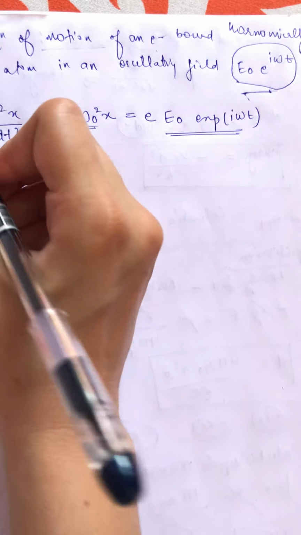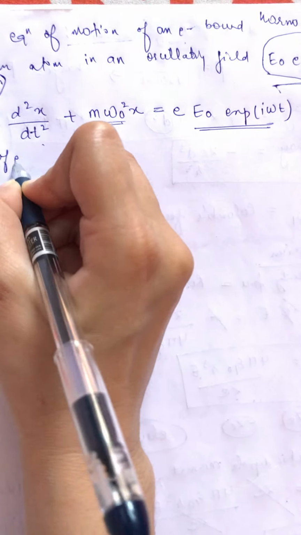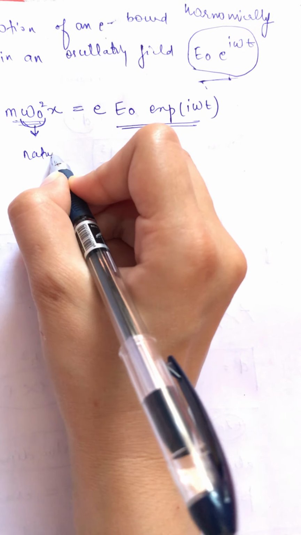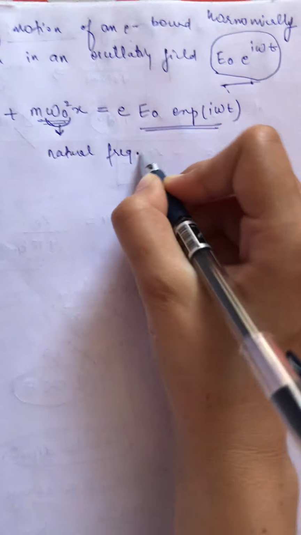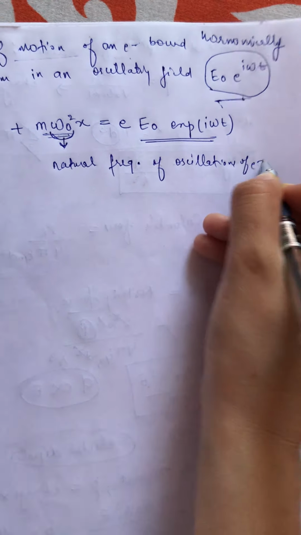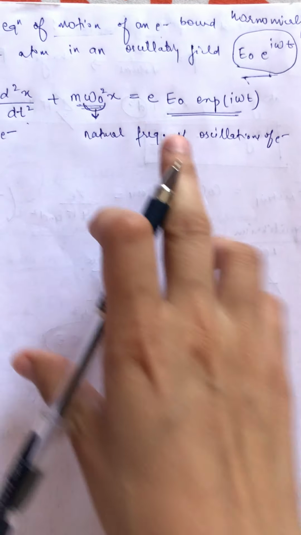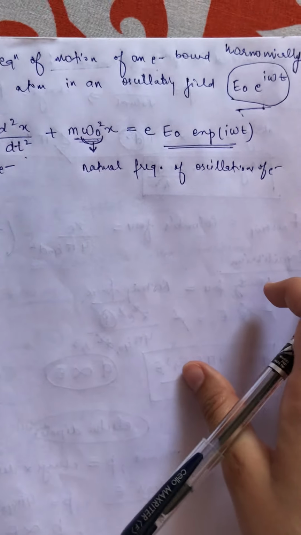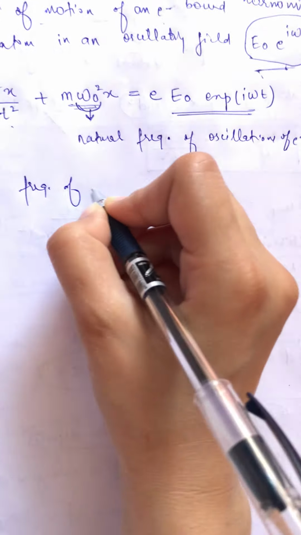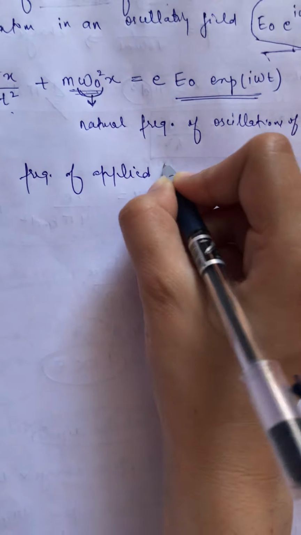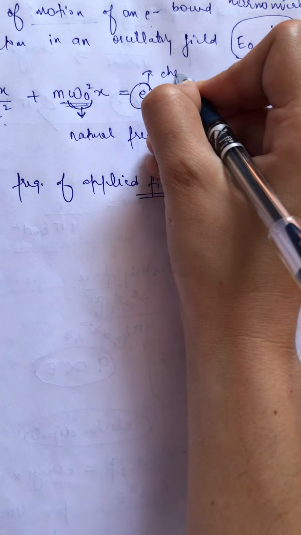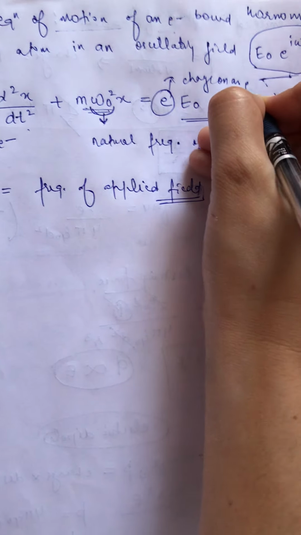Here m is the mass of the electron, omega naught is the natural frequency of oscillations of the electron, omega is the frequency of the applied field, and e is the charge on an electron.